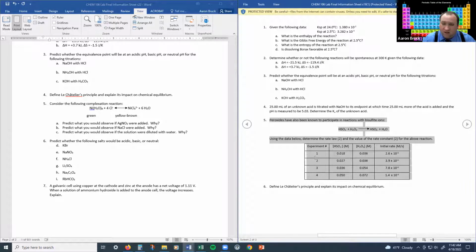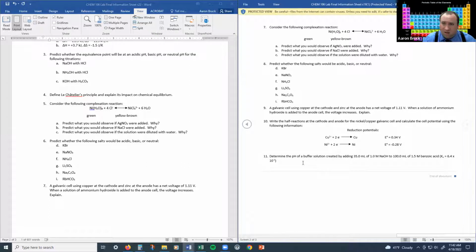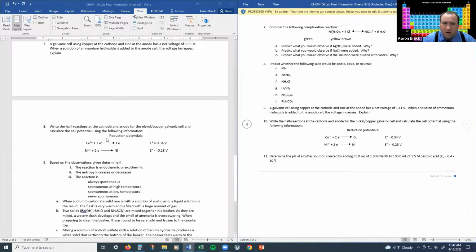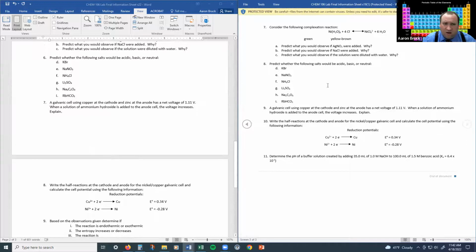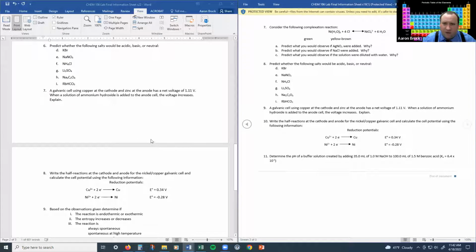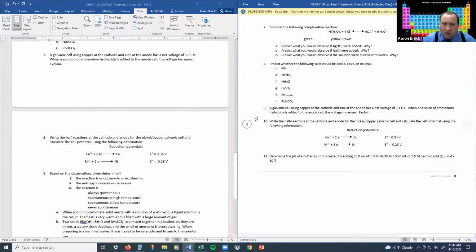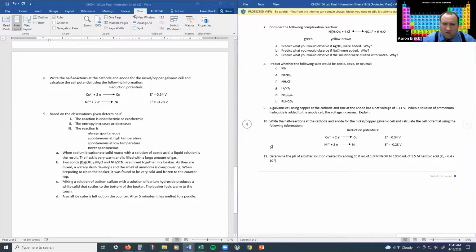Oh, actually, no, this is a method of initial rates, which would not be on the exam because we aren't featuring that one. Here's a more specific Le Chatelier problem. Here is another, it's the same acid-base salt hydrolysis question. 9 and 10 are identical to those. Here's a different question here on the pH of a buffer solution.